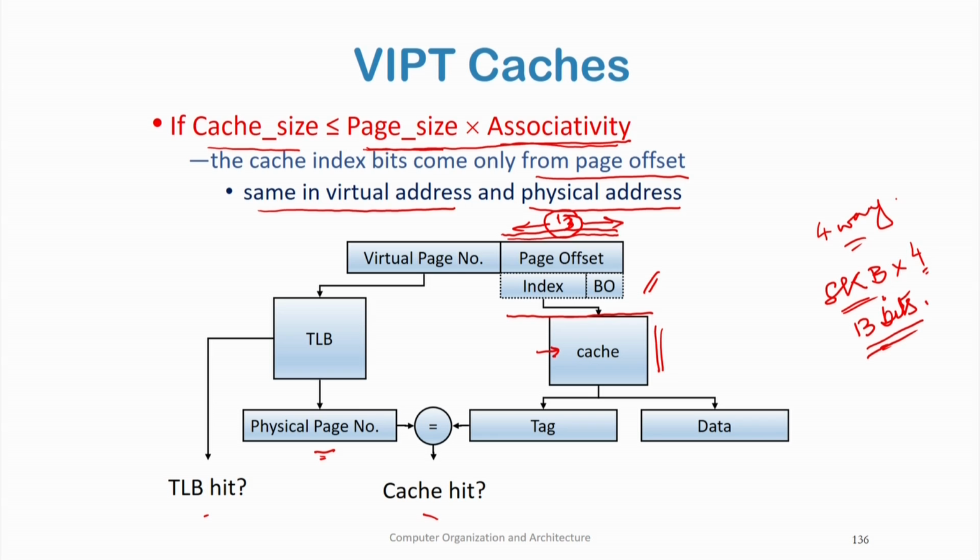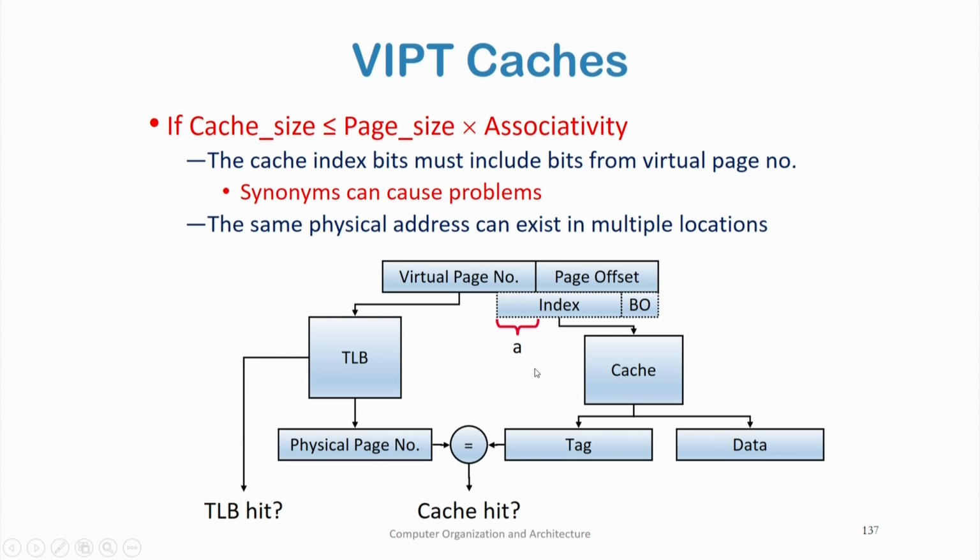Either I have to increase page sizes or I have to keep the cache very small. Now, both have limits. So, therefore, sometimes what happens in practice is that I have to have a cache whose size is such that it cannot be indexed solely by the bits in the page offset part.